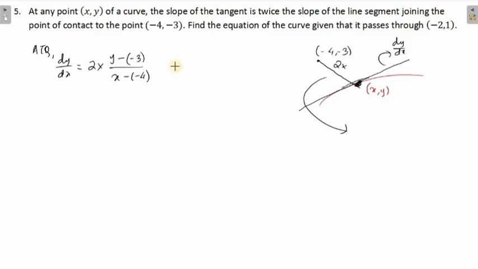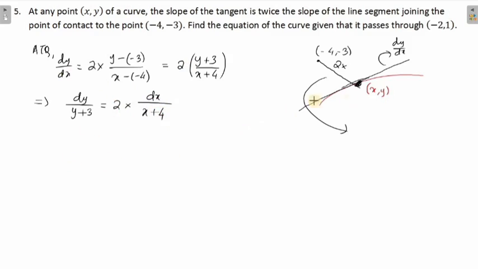That is 2 times (y plus 3) by (x plus 4). So this is your dy by dx. From here let's separate the variables. So you get dy by (y plus 3) equals 2 times dx by (x plus 4).